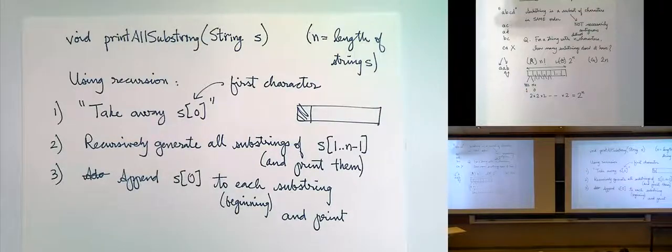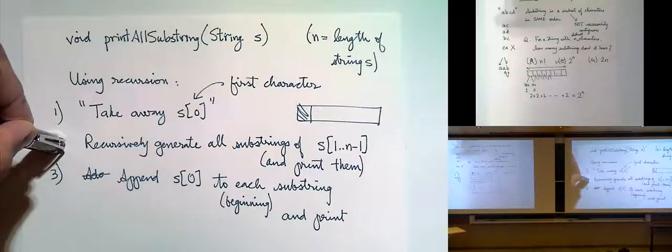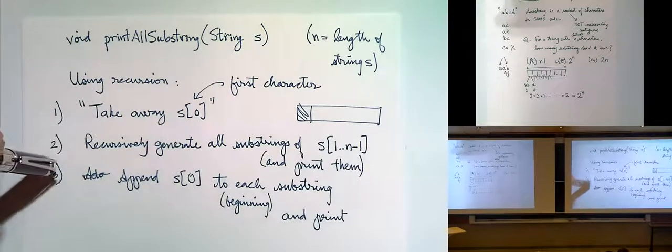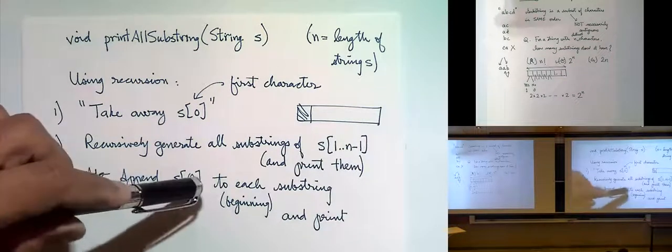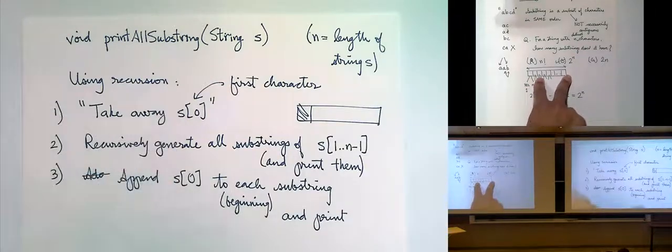So the way to think about this process: the first part is the no. You're not including the first one, you're just generating all substrings recursively. And the second one is just adding the first, the yes, with all possibilities of the second part.